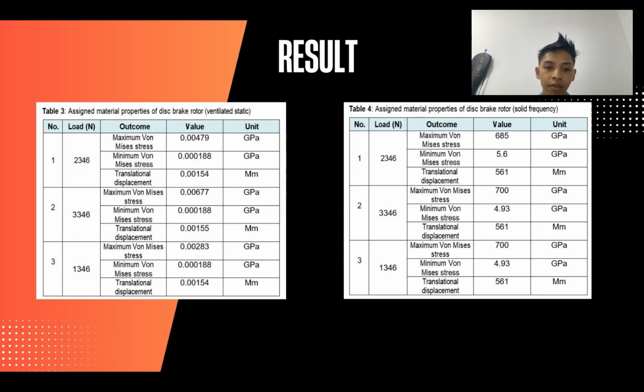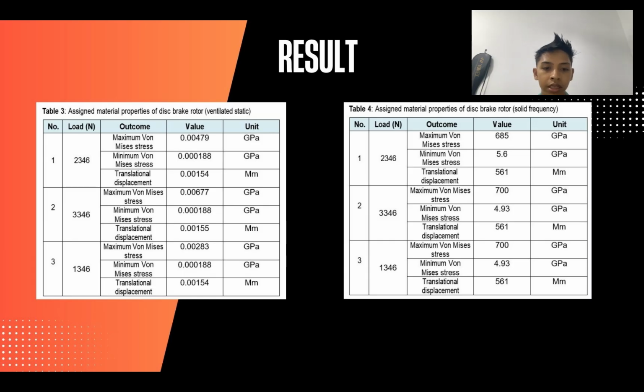Second load is 3346. For maximum von Mises stress, 0.00677 gigapascal. Minimum von Mises stress 0.000188 gigapascal, and last is translational displacement 0.00155 millimeter.